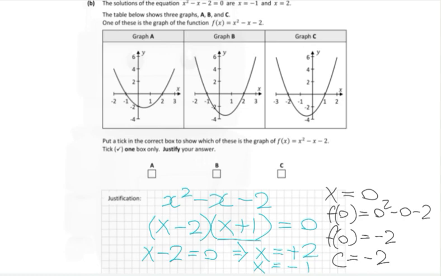So therefore that would match the first graph A. So in summary, if the roots are solved with the factoring and then subbing 0 in instead of x to find the y-intercept, we can be certain that the 3 points it crosses over are minus 1 and plus 2 for roots and minus 2 for the c value.